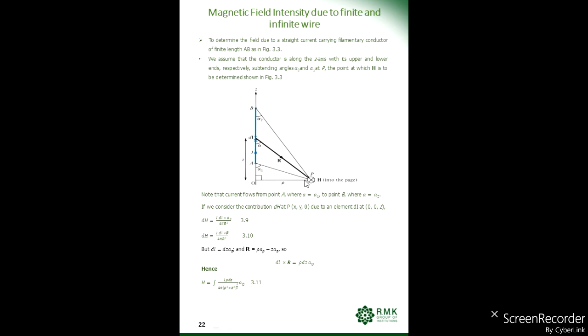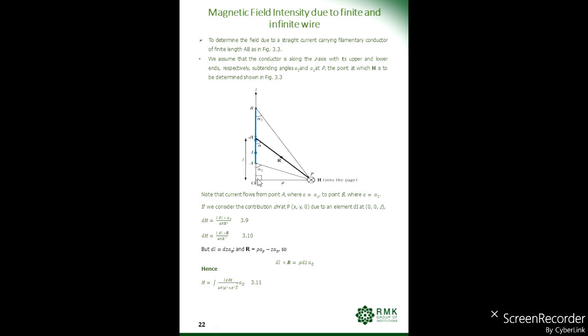When we draw a perpendicular from the point P to the line AB, let that point be O, maybe at the origin, it is an assumption, so it is at the point 0, 0, 0, and it makes an angle of 90 degrees with respect to the line AB. This is very important, that we have to draw a perpendicular from the point of observation to the current element, right?